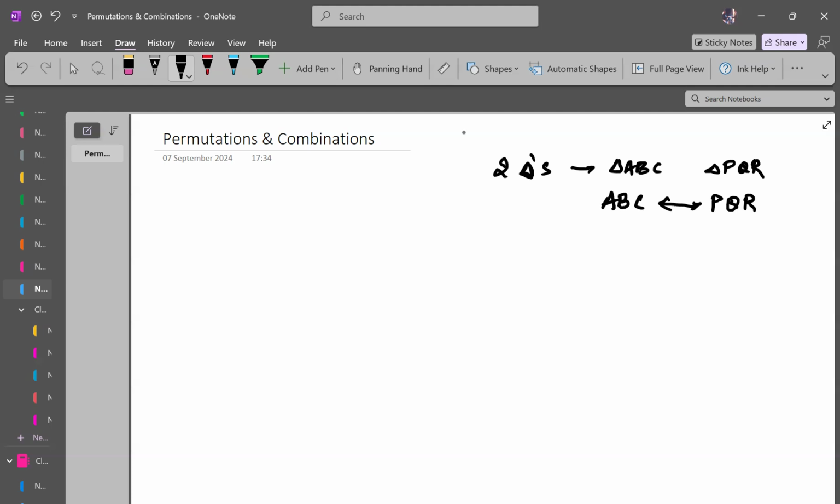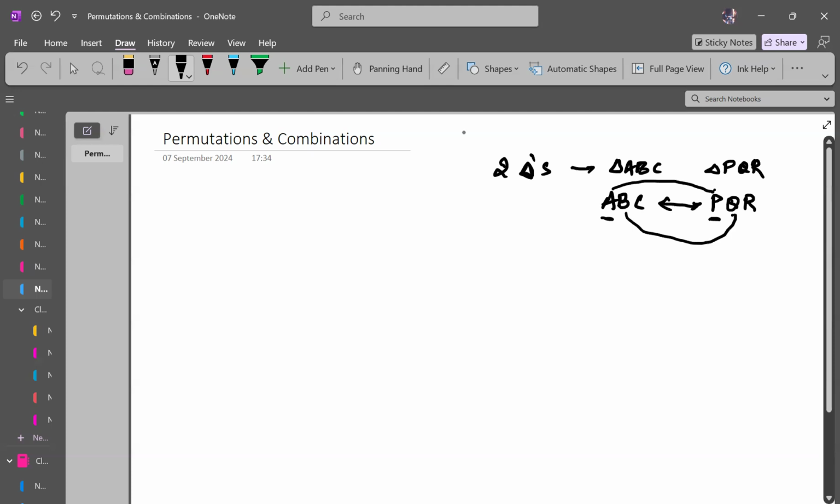Now, what it means is, if I want to find out which vertex or which angle has to be equal to which angle, then I have to relate them on the basis of the position in which they are. For example, I have A in the first position, P also in the first position on the other side. So I'll match angle A with angle P. I'll match angle B with angle Q. I'll match angle C with angle R.